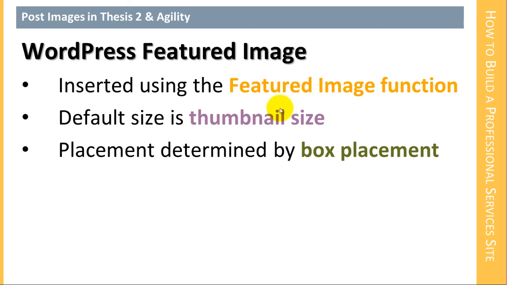And the right choice is to use the WordPress featured image and then use the box that I've supplied you with. And if you aren't using Agility, if for some reason you're using some other skin for this, I do also have a box that you can use outside of Agility that does the same thing.